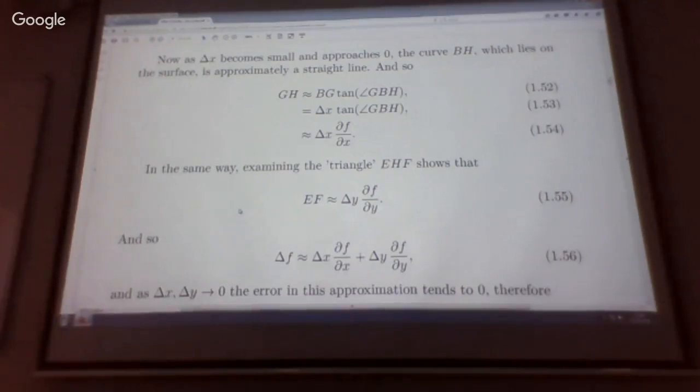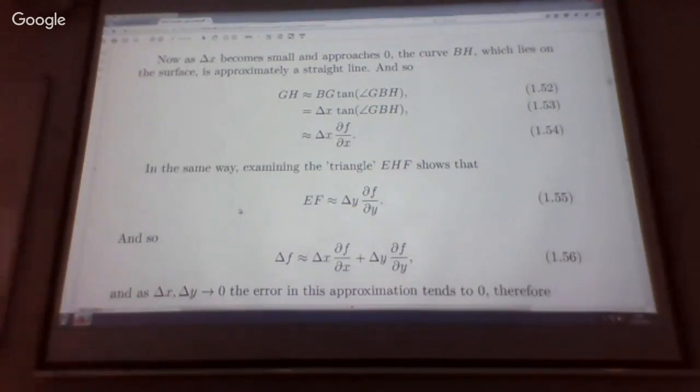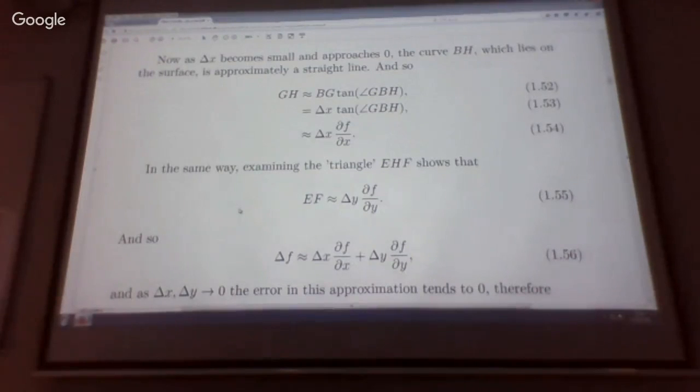And the approximation is better the closer to the base point you are, in general. So as the delta x and the delta y become very small, this approximation to the change in value of the function becomes better and better.